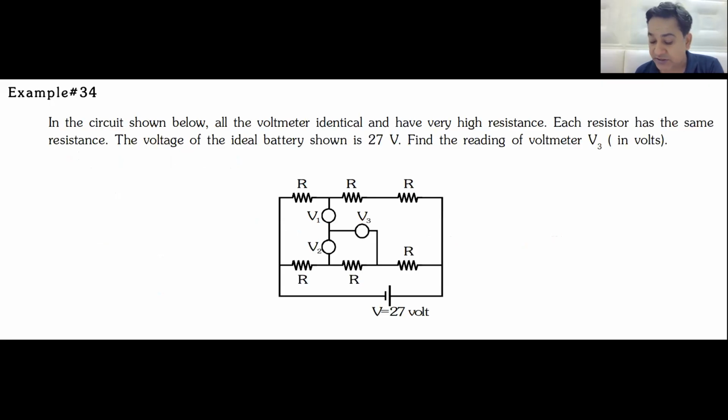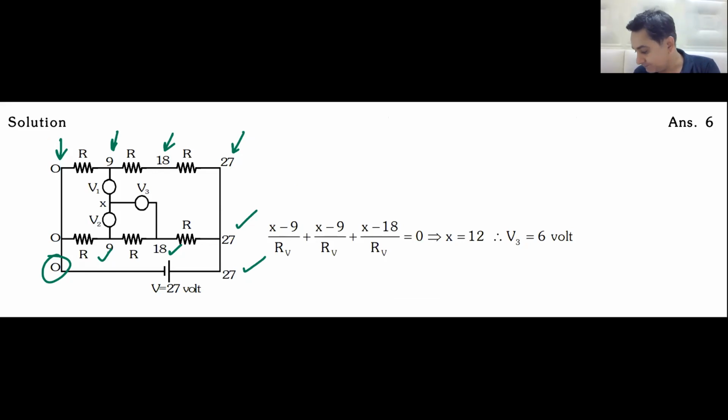It was given in the question: high resistance. So that is the catch of this question, because they have very high resistance. Then what will happen is literally no current will flow through them. Yes or no? Yes, sir.